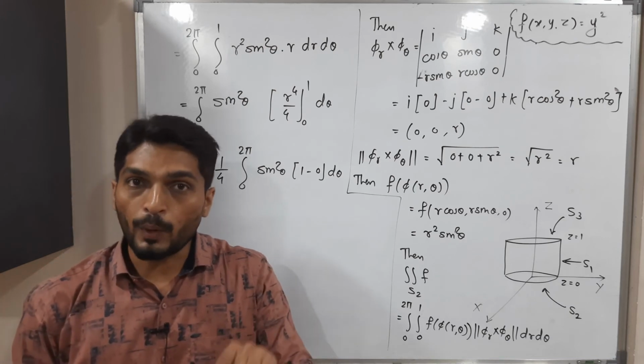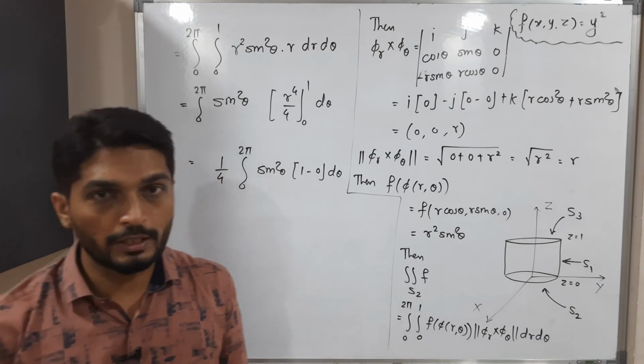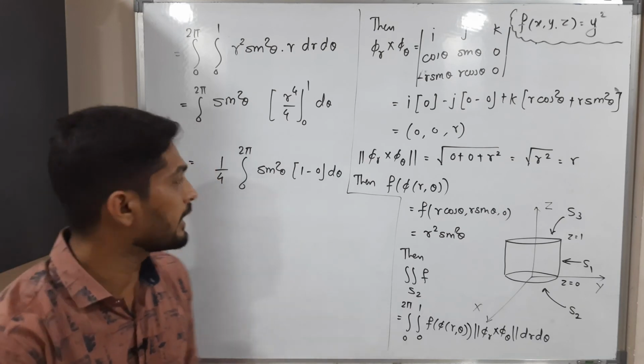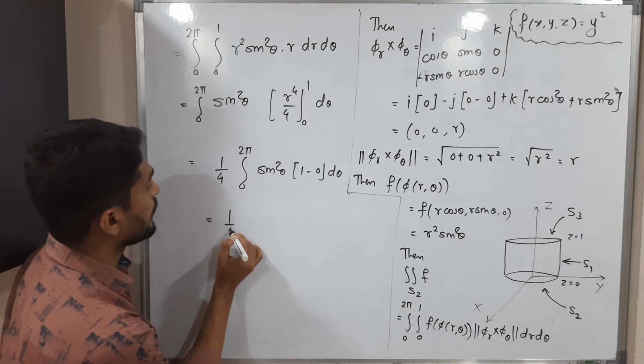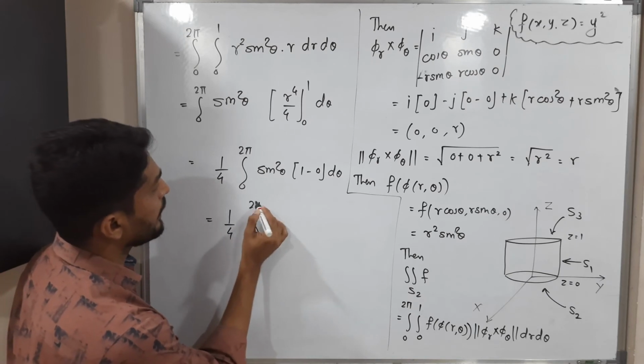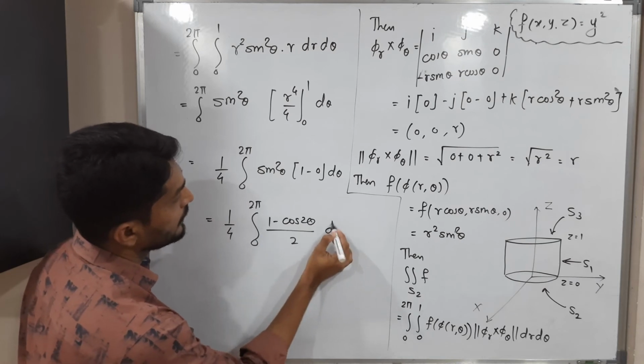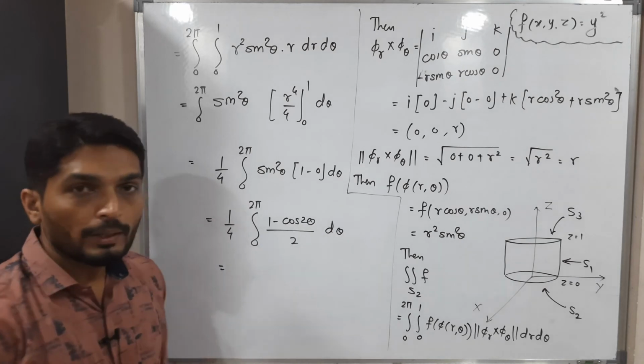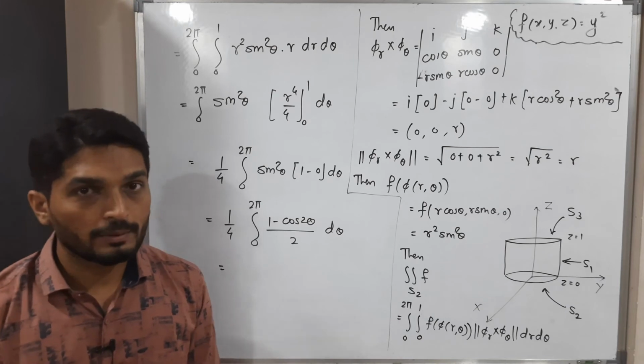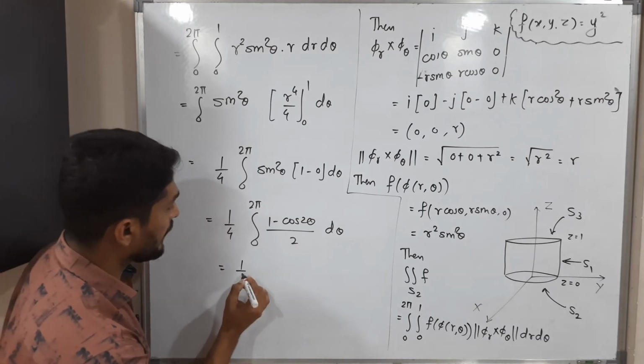Sine square theta is 1 minus cos 2 theta by 2. For S1 also, I think we used the same formula. So 1 by 4, 0 to 2 pi, 1 minus cos 2 theta by 2 d theta. That 1 by 2 is also constant and will come outside, so 2 into 4, 1 by 8.